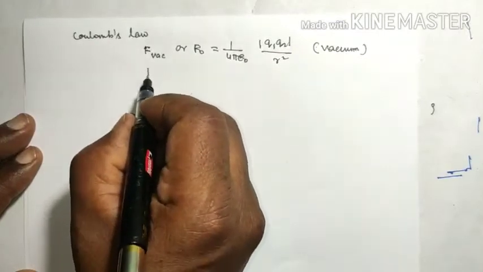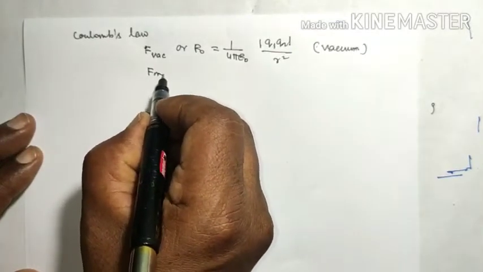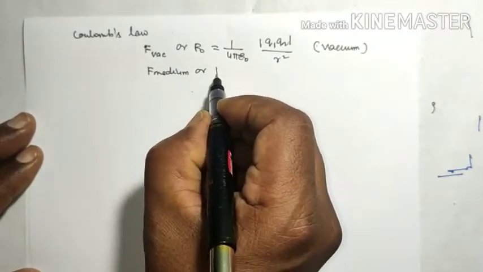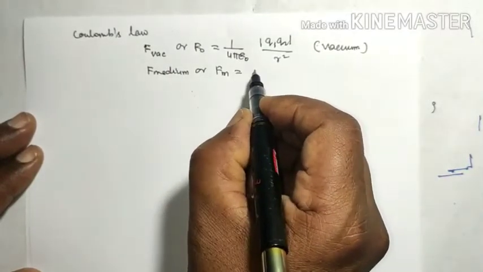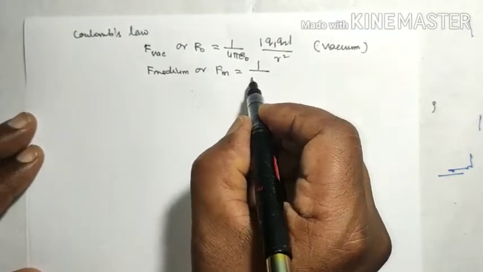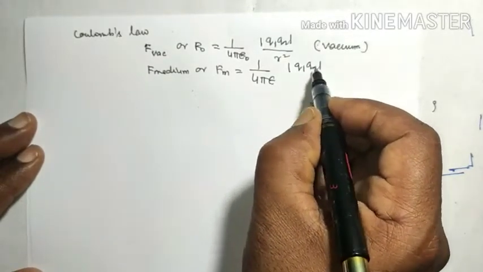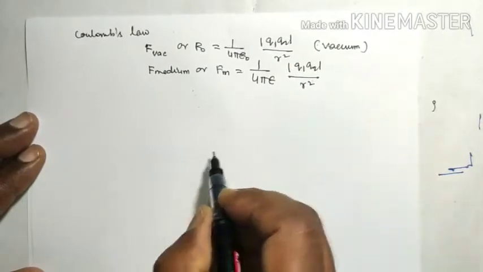And when the two charges are placed in a medium, F medium, or we write Fm, then this is equal to 1 by 4 pi epsilon mod Q1 Q2 by R square.